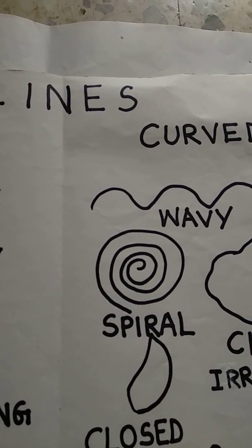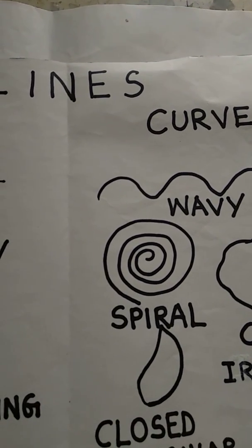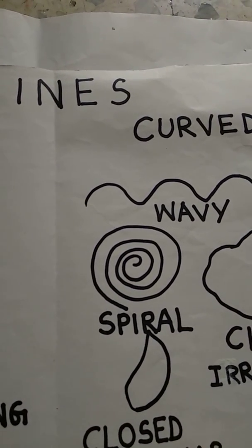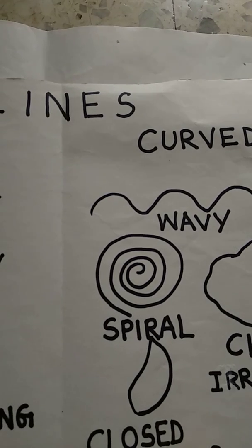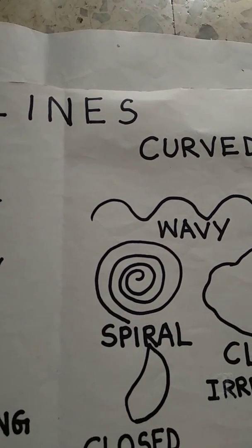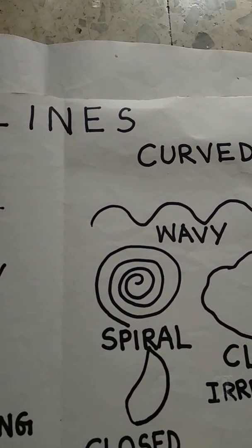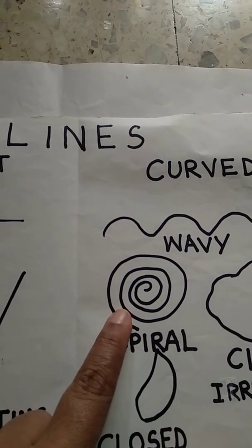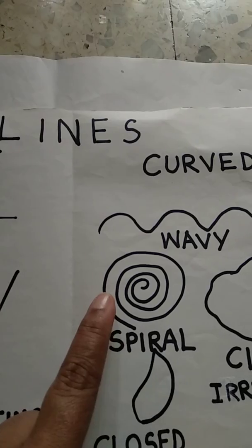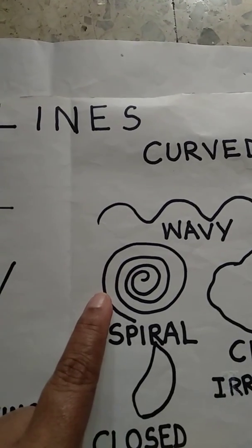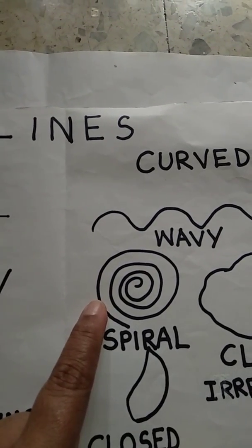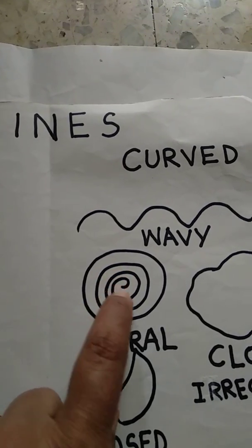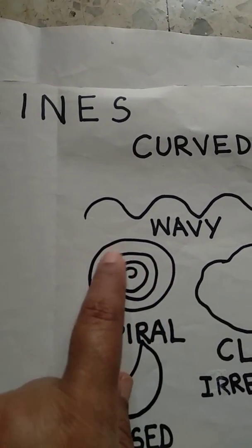Well, if you go to a garden during the rainy season, you might find an animal or an insect which has this kind of line in the body. You have to look out for a snail, and the shell of the snail is in the shape of a spiral.